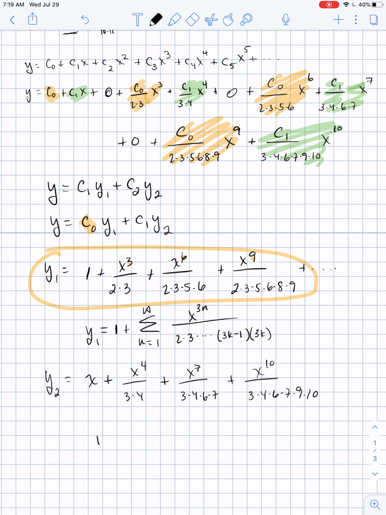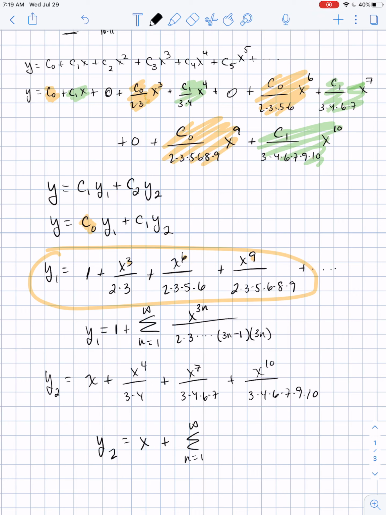Okay, and then if you want to make this a series, we could do a similar series. So x plus the sum from n equals 1 to infinity. If you're using n, just stay consistent with the n. Try not to do what I did where I changed back to a k.